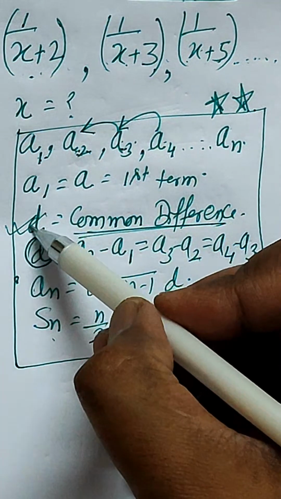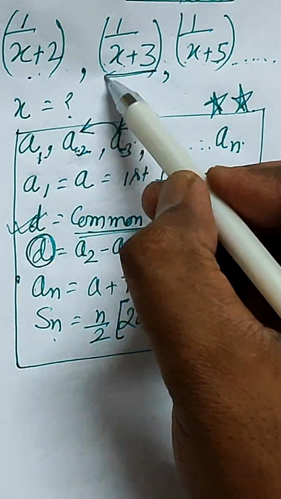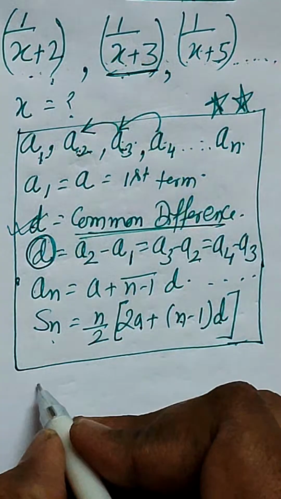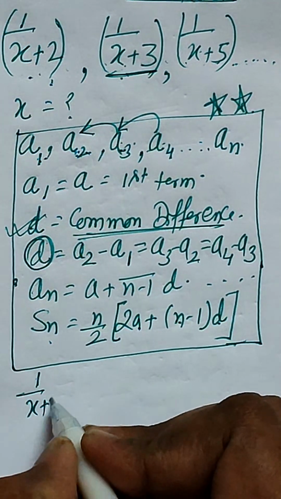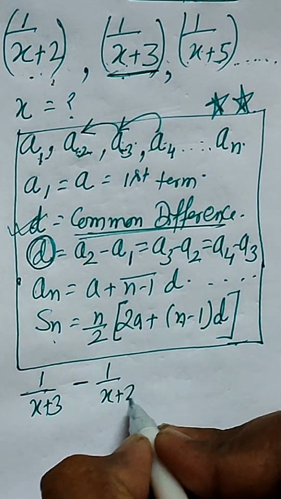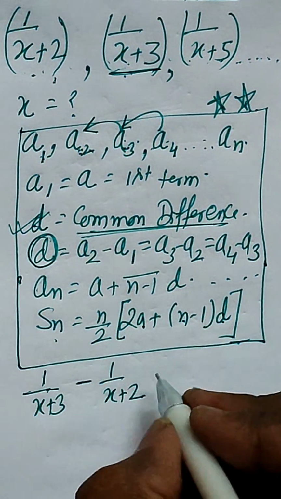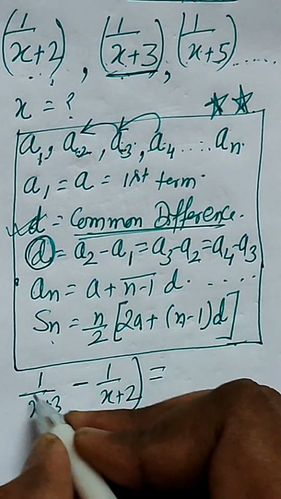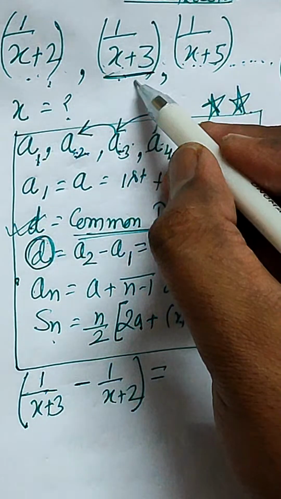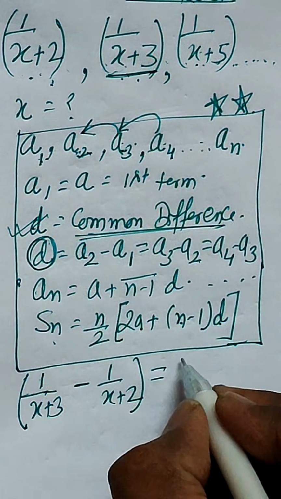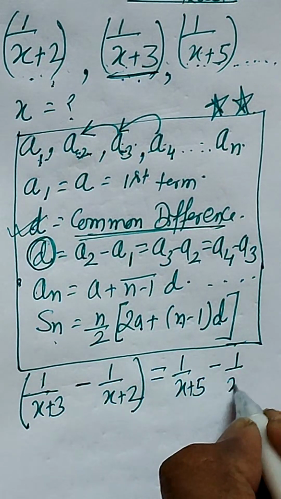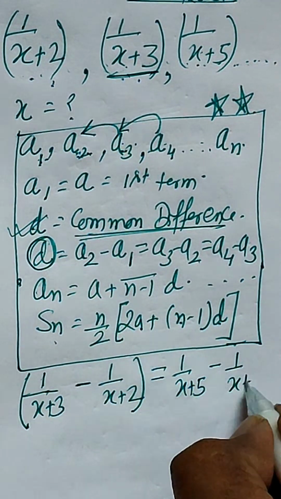When we apply the concept of common difference, if this is the successive term and this is its previous term, then 1 by x plus 3 minus 1 by x plus 2 will give you the common difference, and this will be equal to 1 by x plus 5 minus 1 by x plus 3.